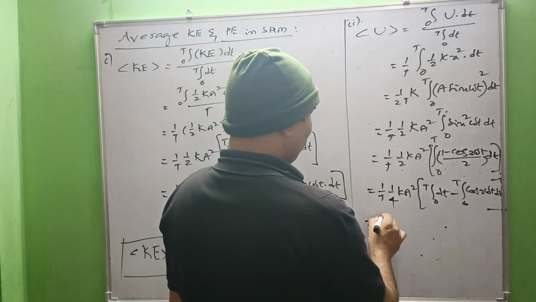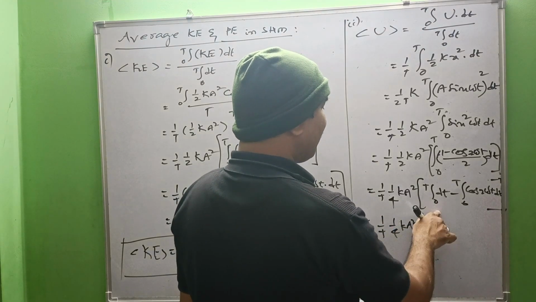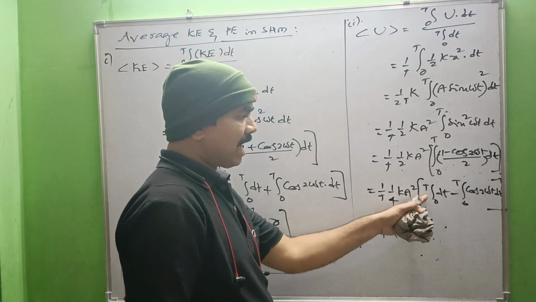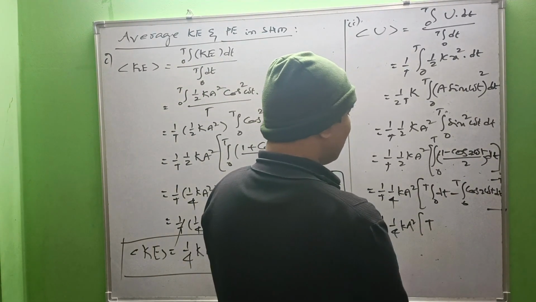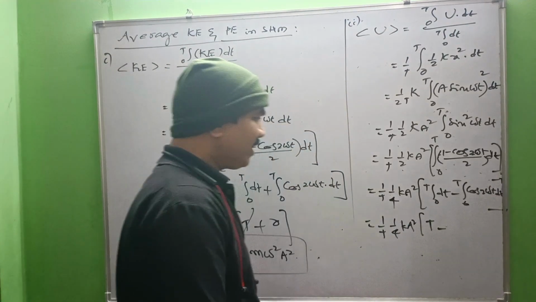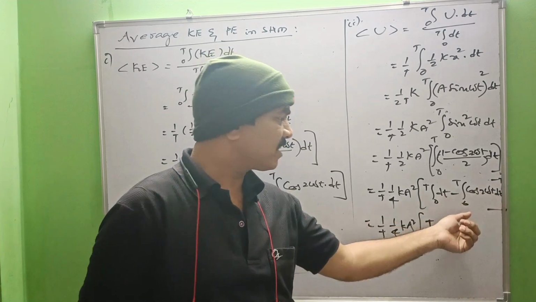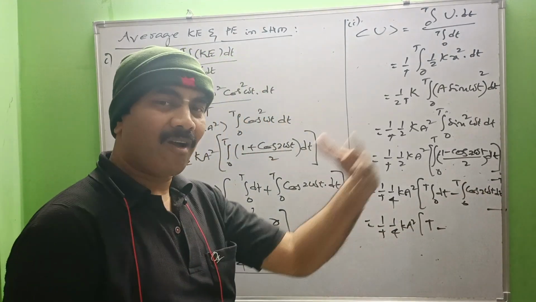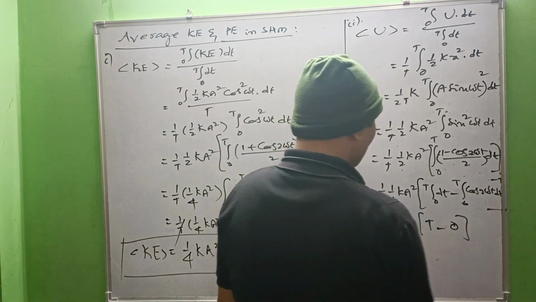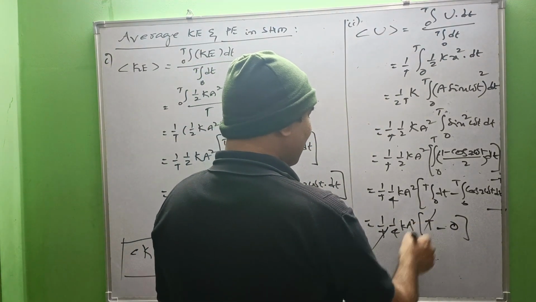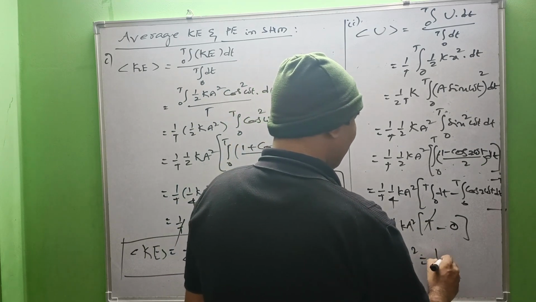Here 1 by T into 1 by 4 into k a square, integral 0 to T of dt means again T, minus. Now what is the average value of a cosine or sine function within a time interval, otherwise over a long time? It is equal to 0 directly. So again T gets cancelled, left with 1/4 k a square.